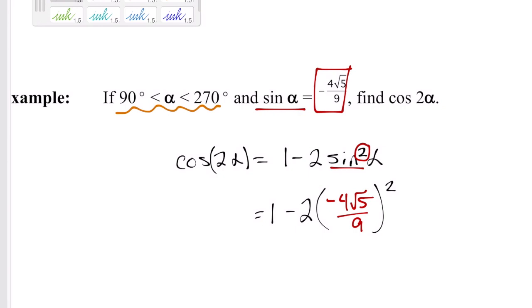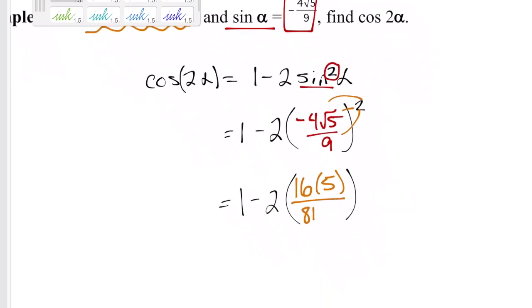And so I'm doing order of operations, so I want to distribute in my square to everything. I would end up with negative 4, and negative 4 would give me this positive 16. Square root would go away, leaving me with just 5, and I've got 81 on the bottom. I can distribute in my 2 now. Multiplying is helpful, so 2 times the 16 times the 5 will end up giving me 160 over 81.